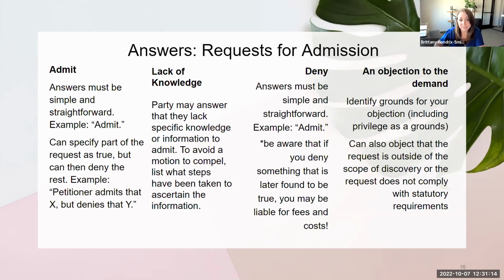And if they deny it and say, oh, well, I don't know that it's genuine, they could be on the hook if it's found to be genuine later on, based on their lack of participation. Another thing there is if you are using it for genuineness of documents, make sure you're admitting that the document itself is genuine. You're not admitting or denying that the information in the document is legitimate.